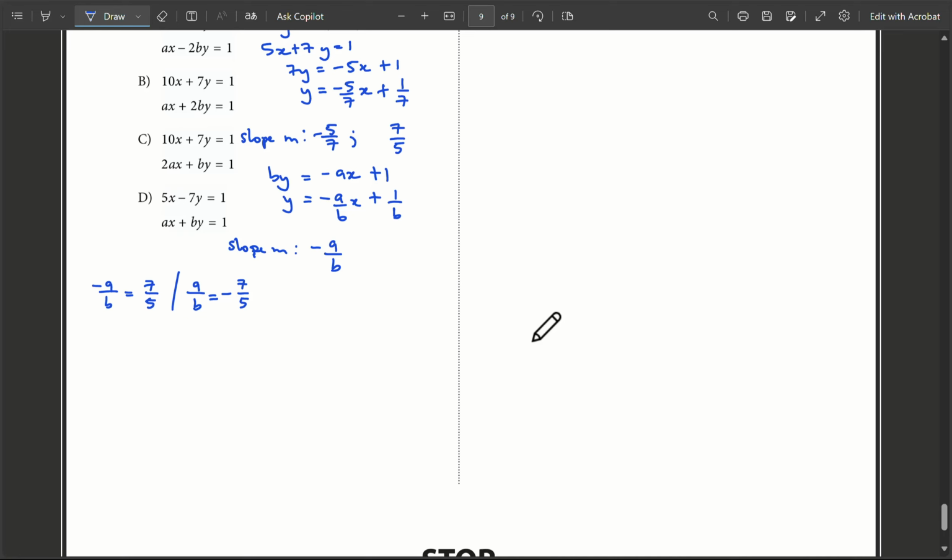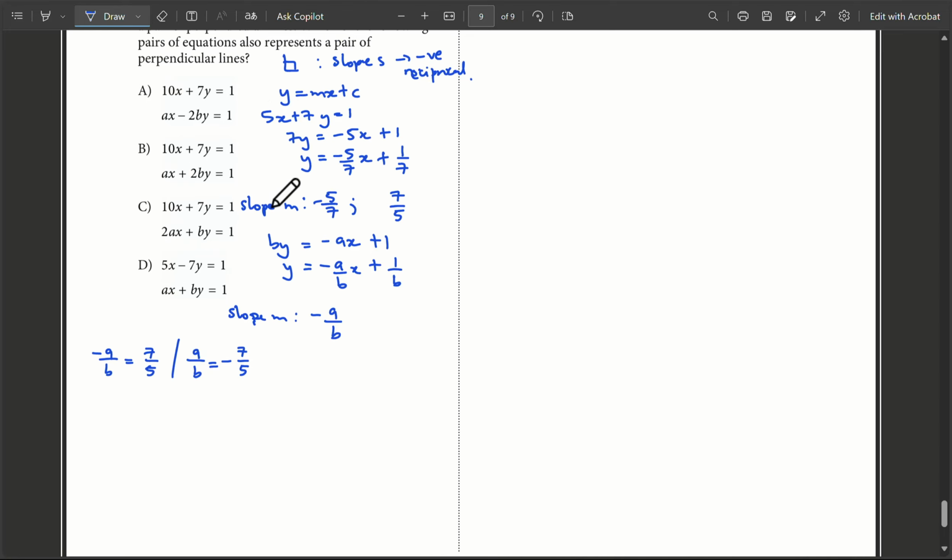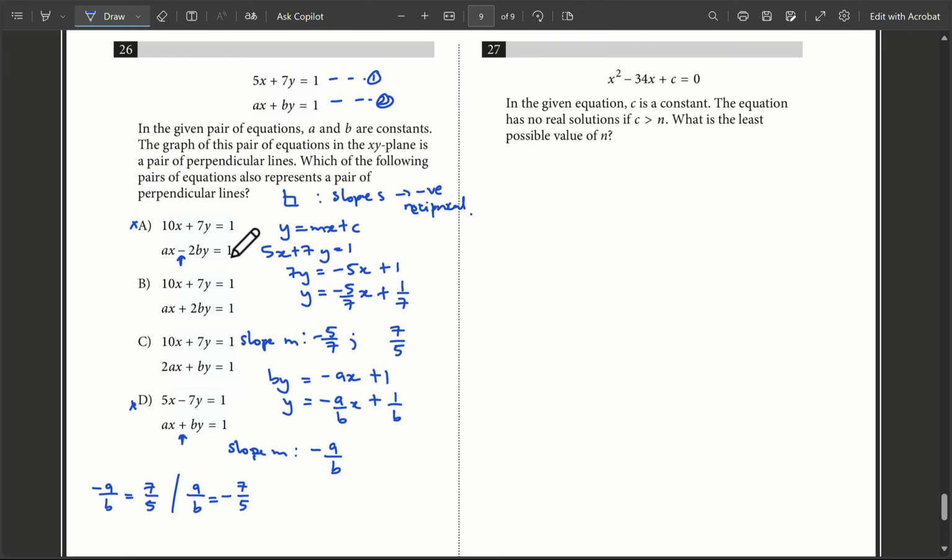So now if we come to the pair of equations that we have, I am going to rule out D and A because of these differences in the signs. These equations do not look anything similar to what I have right here.